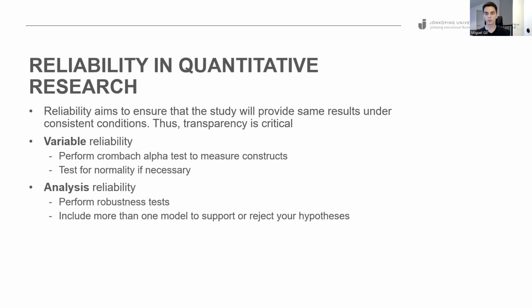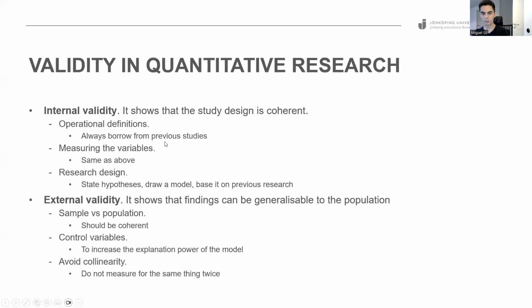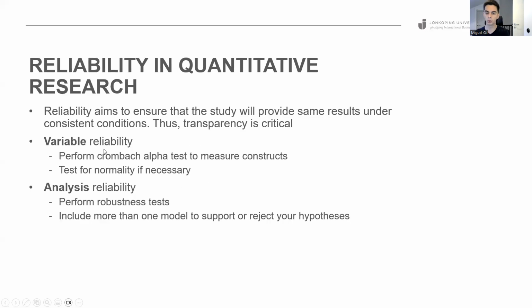So again, if you are going to measure happiness using 4 questions based on previous research, also do the Cronbach-Alpha to show that this construct that you built with these 4 questions is also reliable. It is valid because it has been used before. So you are actually sure that you are measuring happiness because it has been used before. So you have internal validity, but also it is reliable. You are showing that statistically, it doesn't behave randomly. It makes sense in your data, in your sample.